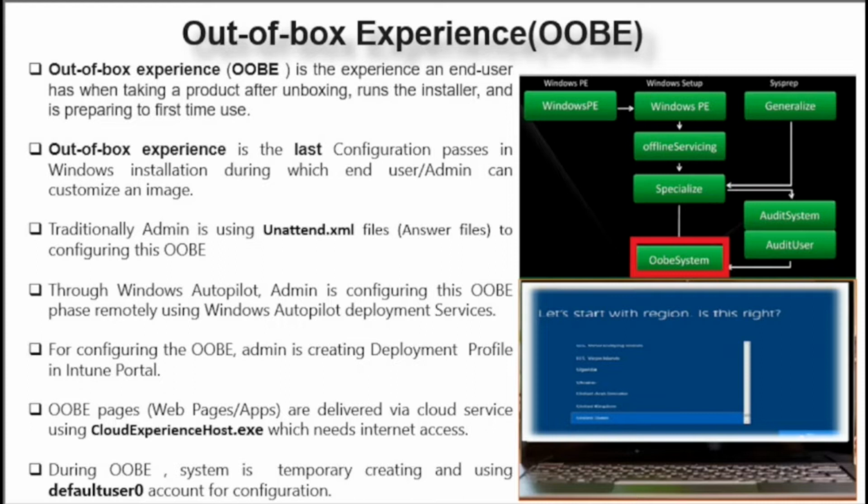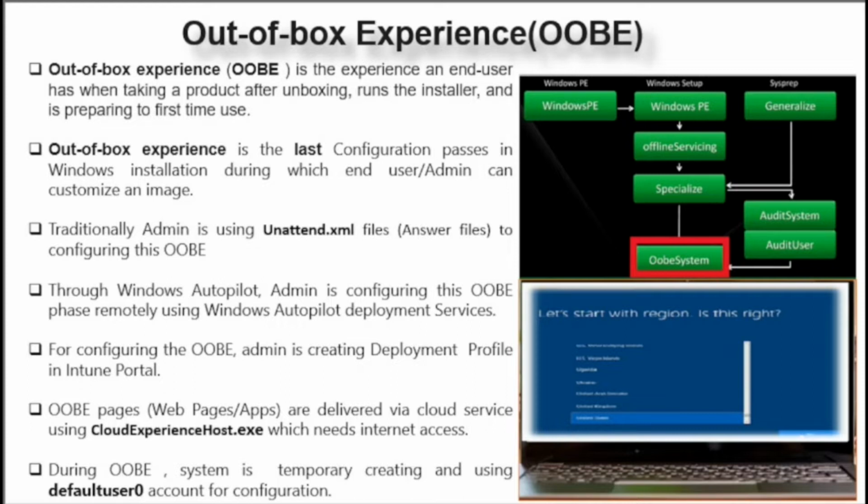These configuration passes are the phases of a Windows installation during which we can customize an image, and these are the Windows PE, offline servicing, generalized, specialized, audit system, audit user, and out-of-box experience system phases.